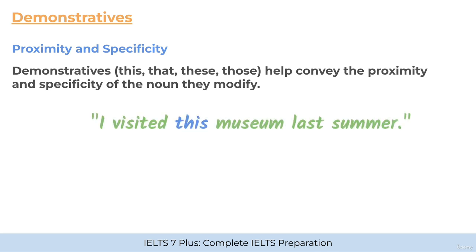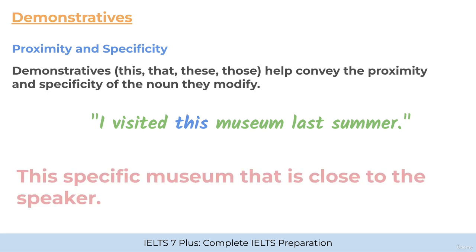For example, I visited this museum last summer. So this, you might be next to the museum, you might be looking at the museum on your phone, perhaps. And so you're being really specific as to which museum you visited, the speaker here. So the specific museum that is close to the speaker in this situation.